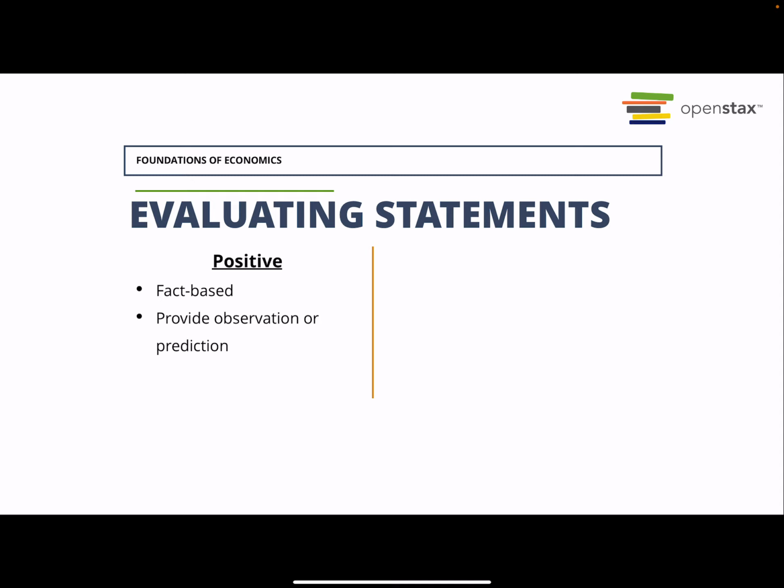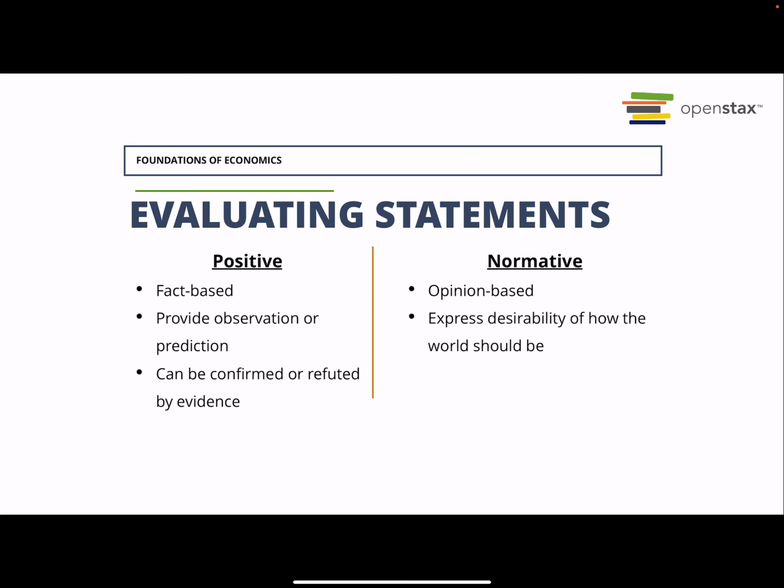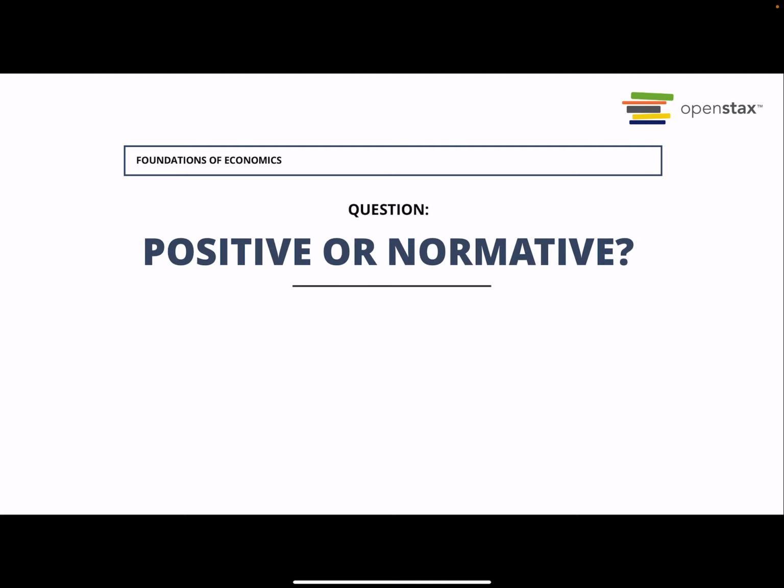It provides an observation or prediction, and it can either be confirmed or refuted by evidence. Whereas normative statements are opinion-based. They express someone's desirability of how the world should be, and they involve judgment, value judgments, or priorities. You'll often know it's a normative statement when you see words like ought to, should, I think, right?